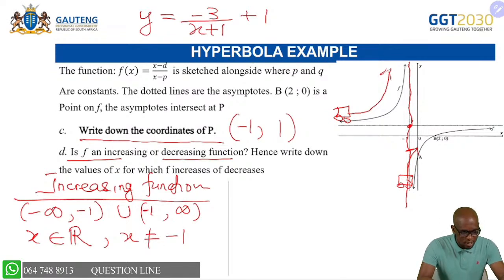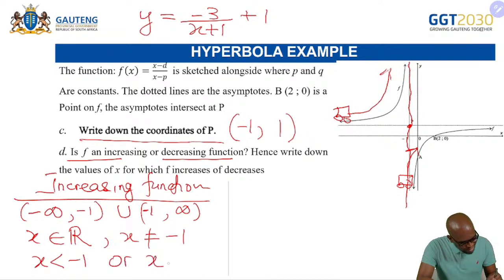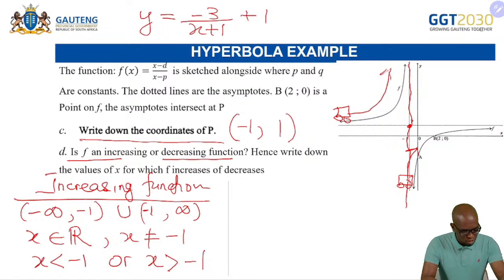That is when this graph increases. Or we can also use another notation and say it increases when x is less than minus 1 or when x is greater than minus 1. That is if you use the inequality notation. Right, those are the values of x for which the graph increases.